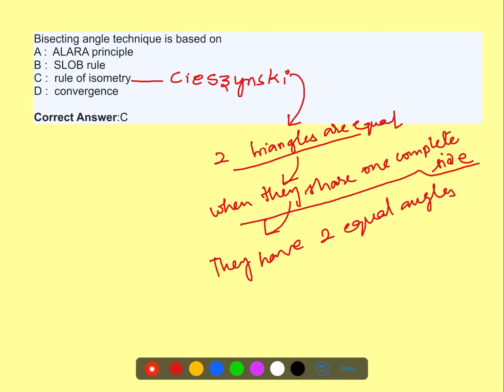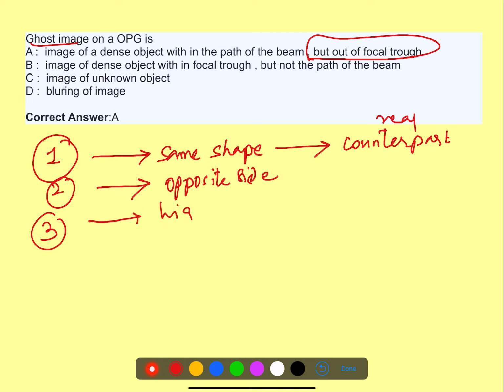There are other characteristics of the ghost image. First, it has the same shape as its counterpart. That is, when compared with the real image, it will have the same shape. Then it appears on the opposite side of the real image. It appears higher when compared with the real image, and more blurred.